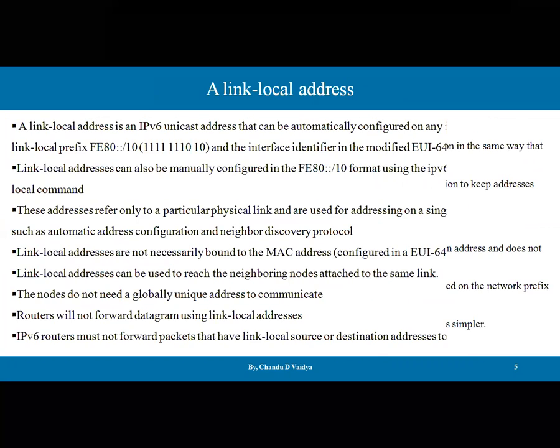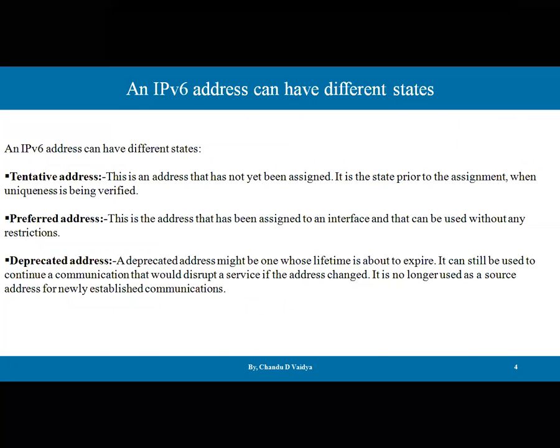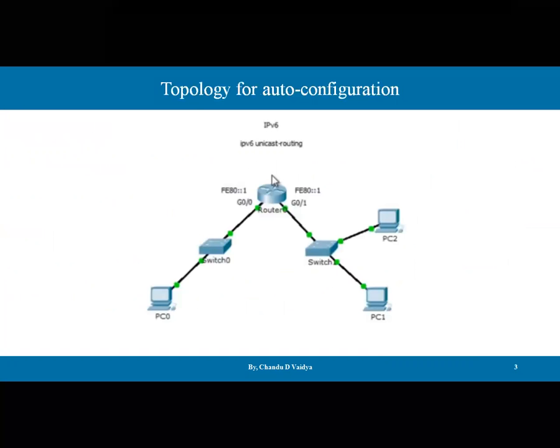But this will be more clear once we demonstrate this particular topology in the next video lecture, where we are going to create this topology and assign link local addresses to these interfaces. We'll first ping from this to this, then this to this. Then we'll also try to ping to this particular interface, where another link local address is set.